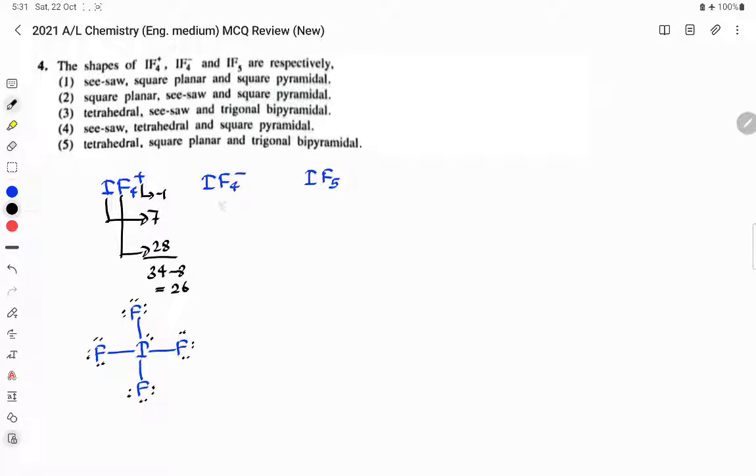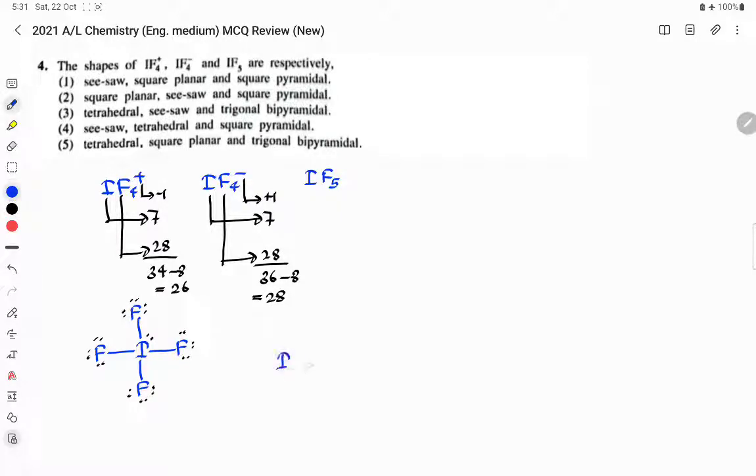Now for IF4 minus, iodine gives 7, fluorine gives us 28. This means there's an extra electron, so we have to add that. Then it's 36. There are 4 fluorines, therefore 8 should be subtracted. 36 minus 8 is 28.